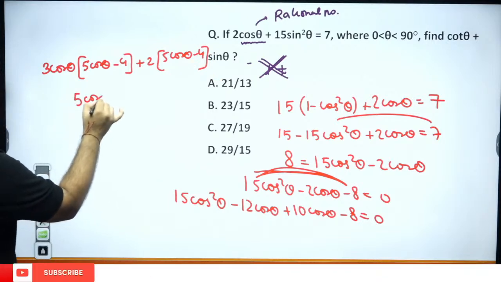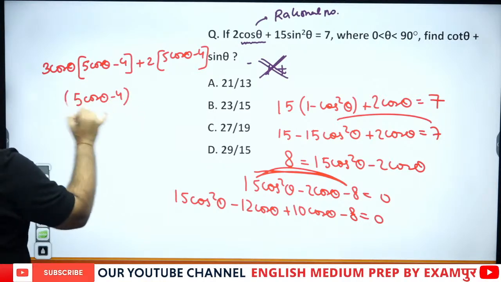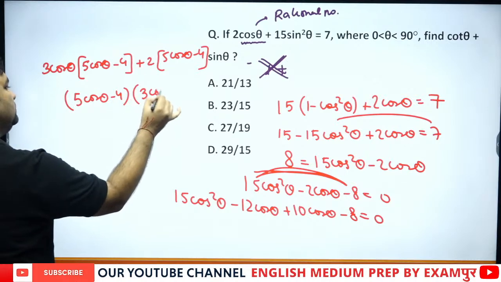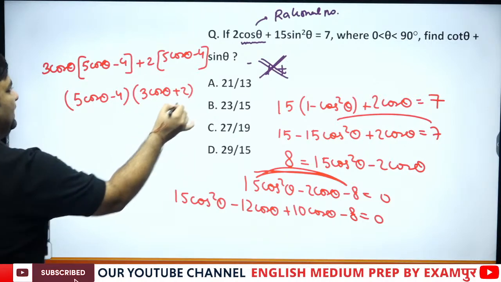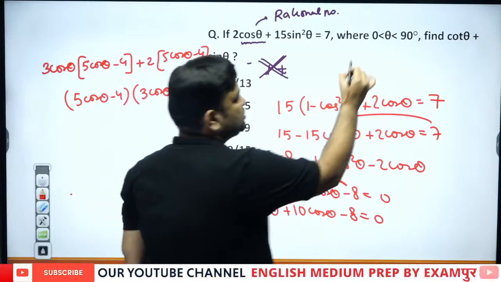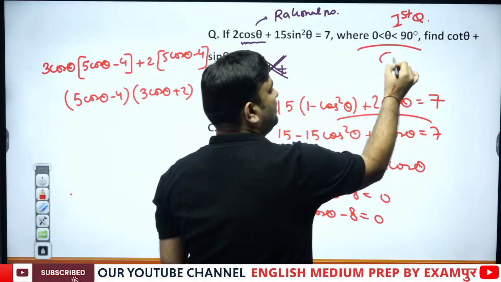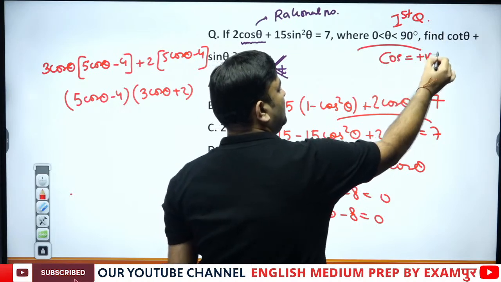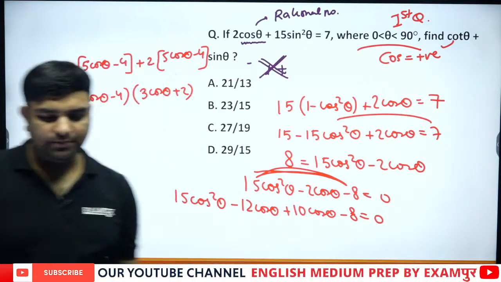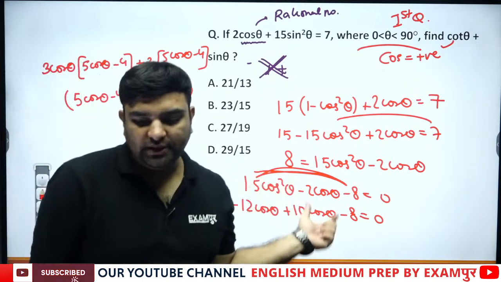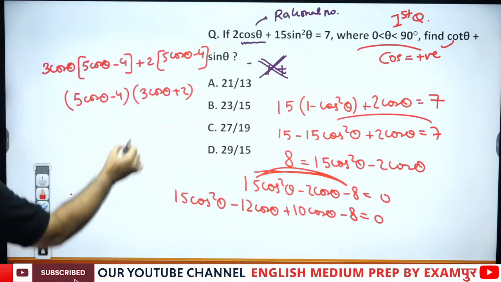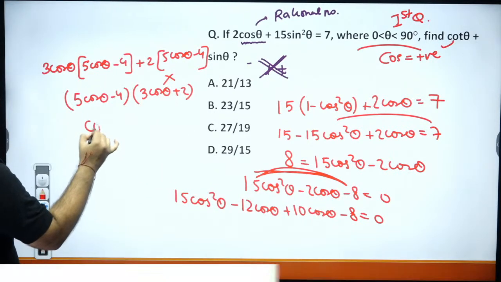So we get (5 cos theta minus 4)(3 cos theta plus 2). Very clearly mention X is in the first quadrant, and in the first quadrant cos is positive. So we will take the positive value of cos theta.